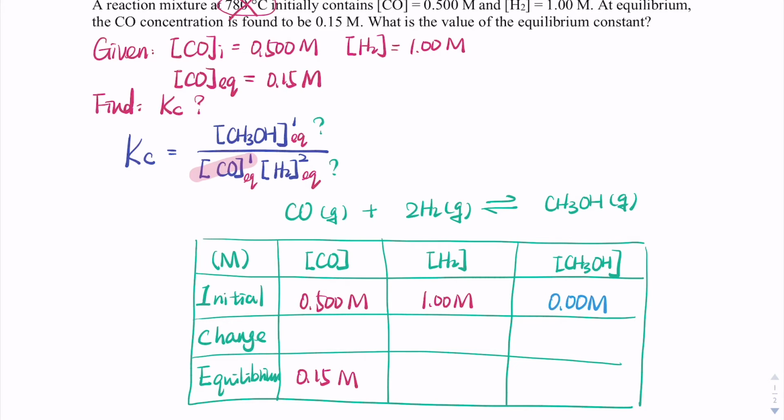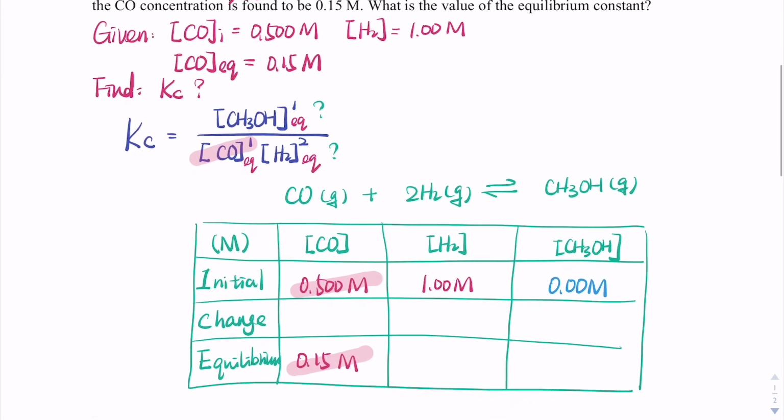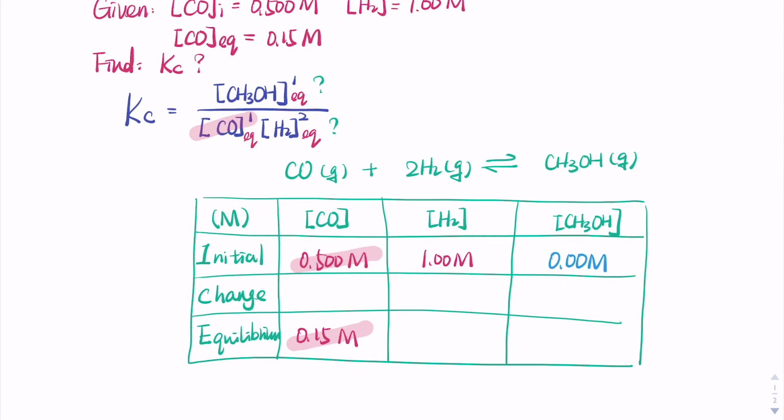You know the initial concentration of carbon monoxide, and you know the equilibrium concentration, so we can calculate the difference. What's the change? The change of CO concentration equals the concentration of carbon monoxide at equilibrium minus the concentration initially.